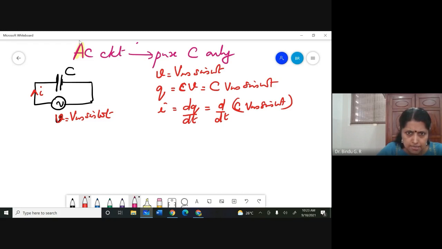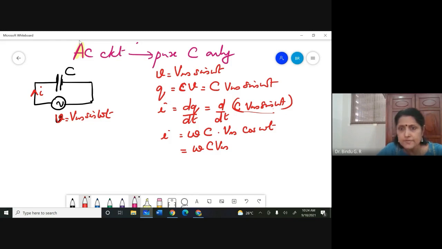Differentiating and taking the constants out, I is equal to omega C Vm cos omega t. Instead of cos omega t, I want it in terms of sine, so that is omega C Vm sine omega t plus pi by 2.